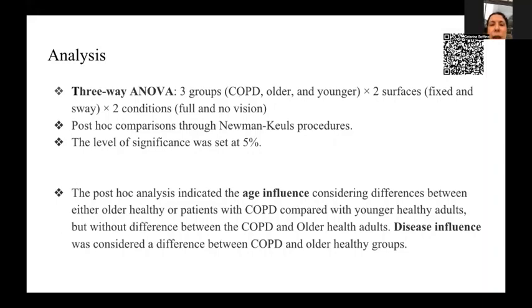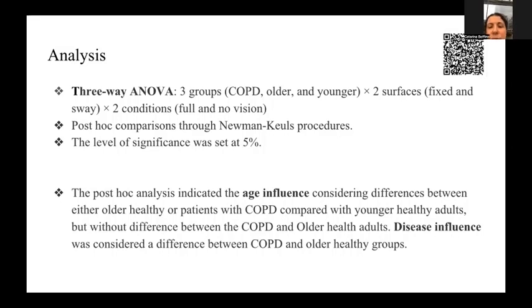We have our analysis. We do a three-way ANOVA that uses groups, surfaces, and conditions of vision, and a post hoc comparison through the Newman-Keuls procedure. The level of significance was set at 5%. We use criteria to evaluate age influence and disease influence.